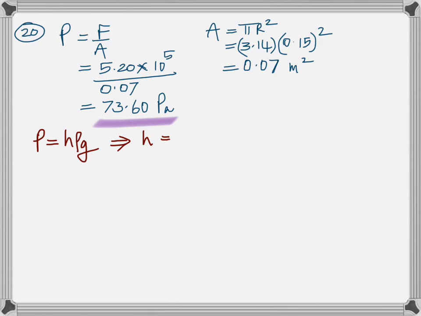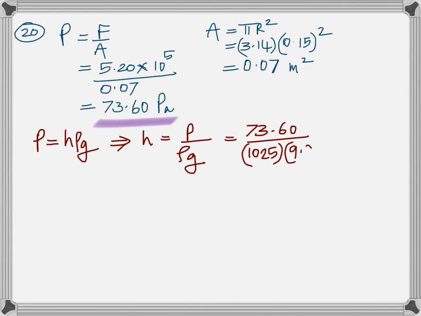Then the question says, what maximum depth can you take it, isn't it? So once you get the pressure, you have to use P is equal to H rho G and make H the subject. So it's pressure divided by rho G, that is 73.60 divided by, that's a mistake I made there.